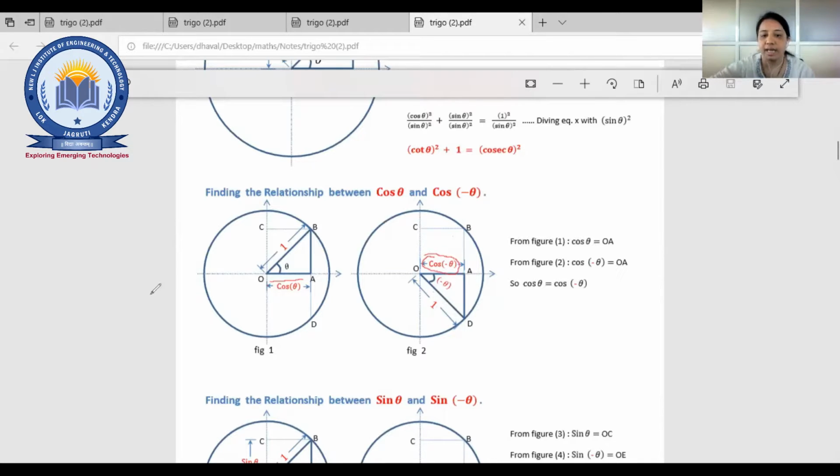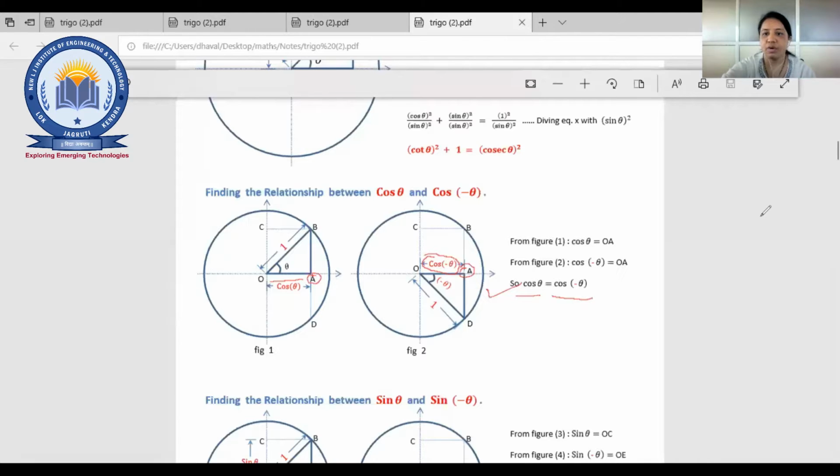In both cases, the point A will be on the x-axis. So we can say cos theta equals cos minus theta. That means whether theta is positive or negative, cos theta equals cos of minus theta. You need to remember that, because sometimes theta may be negative, and both are the same.